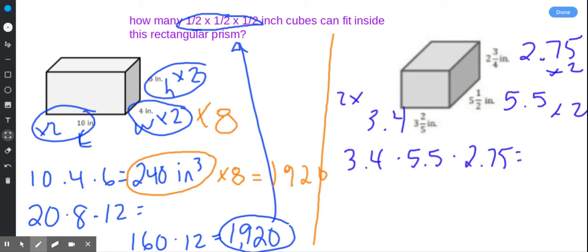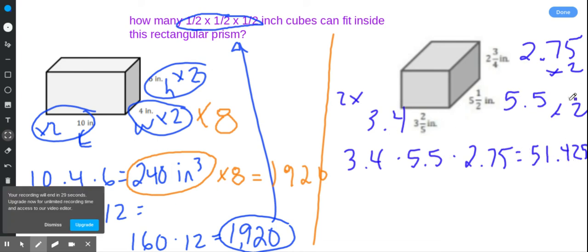I'm going to find the volume as if it were normal, how many 1-inch cubes would fit in. I'm going to plug that into my calculator. And I got 51, and 425 thousandths.